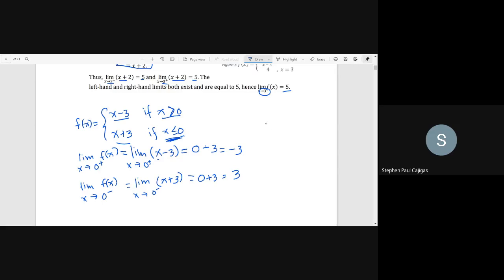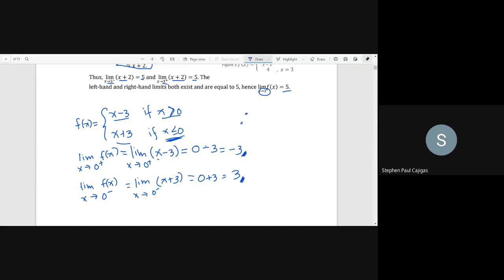So our conclusion for this question, find the limit of f of x as x approaches 0: to solve that, we first get 0 from the right and 0 from the left. We saw that they are not the same, one is negative 3 and one is positive 3.